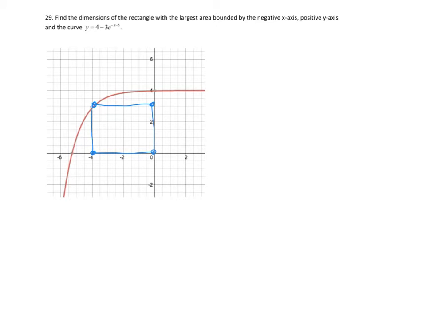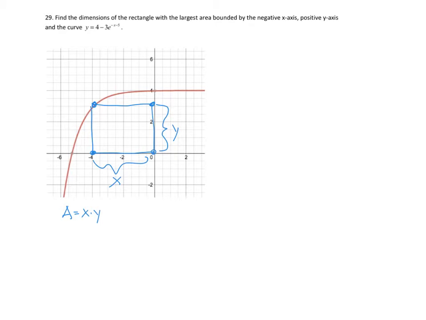And we're trying to find an equation for the area of this rectangle so that we can then maximize that area. The area of a rectangle is always an x value times a y value, because the x value here multiplied by the y value here is the length times width of the rectangle.